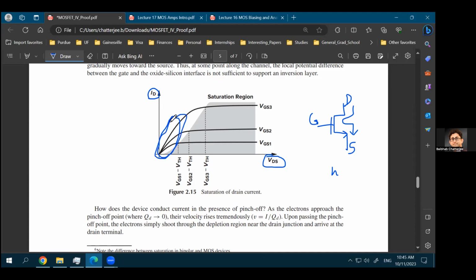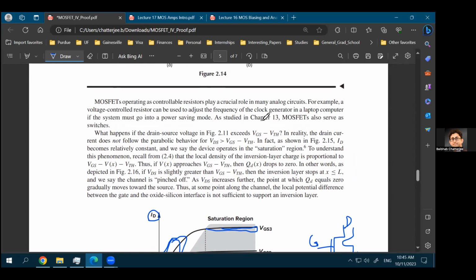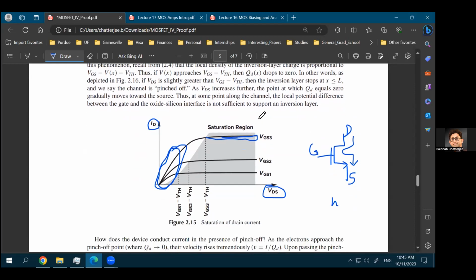You don't need a MOSFET for that, but the saturation is the part no other device apart from the MOSFET will provide. Of course, the BJT can provide similar things, but the BJT is a current controlled current source. The MOSFET is a voltage controlled current source, and it has far more interesting properties than the BJT, as we'll learn later.